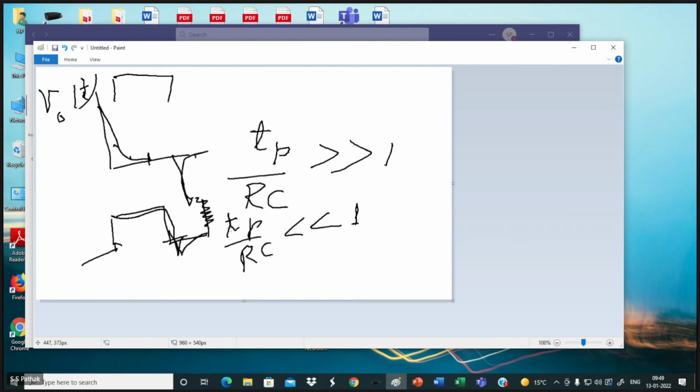So this is when Tp by RC is smaller than 1: the pulse width is smaller, the time constant is larger, and you are getting a shape like that at the output. If the pulse width is larger and the time constant is smaller, then you are getting this kind of fast decay. Is it going to damage your switch or not? That is up to you to decide.